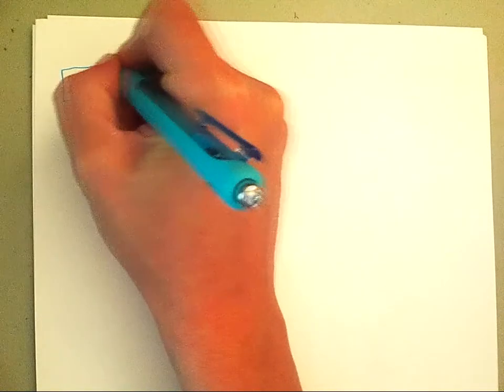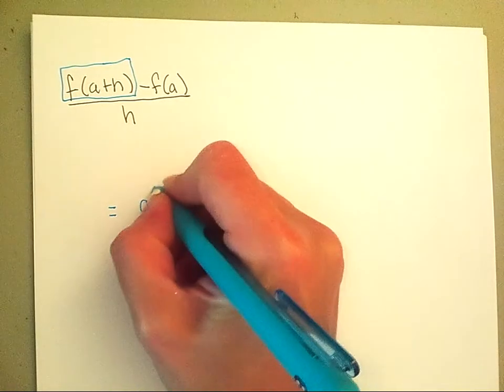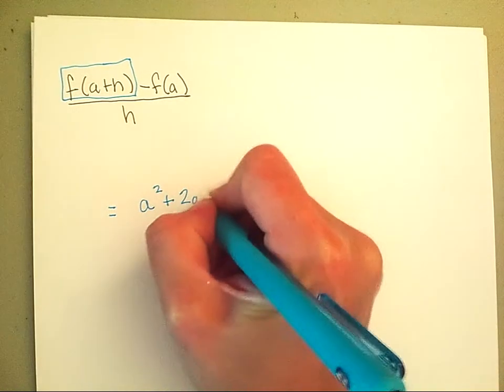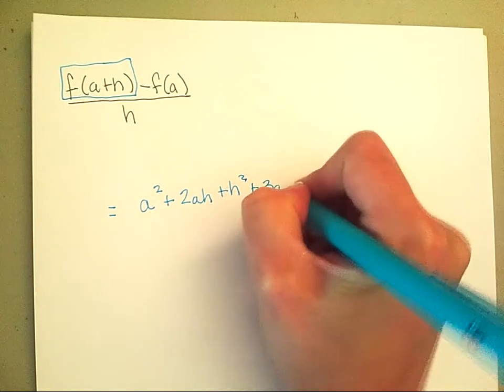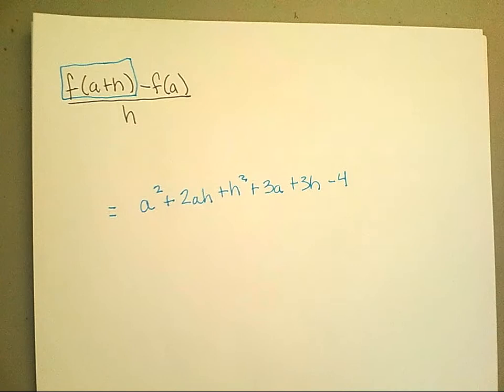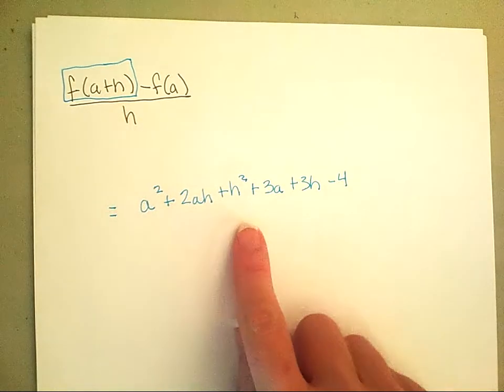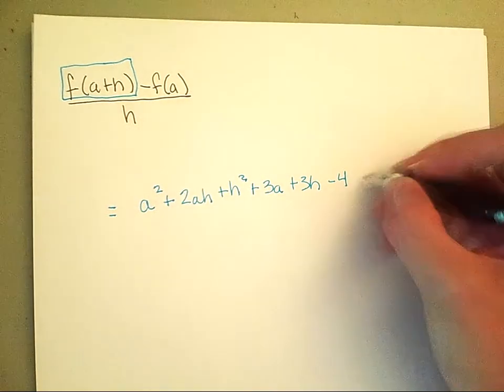Now, we found parts of these already. F of a plus h we just found, so this is equal to a squared plus 2ah plus h squared plus 3a plus 3h minus 4. Just from our previous example.